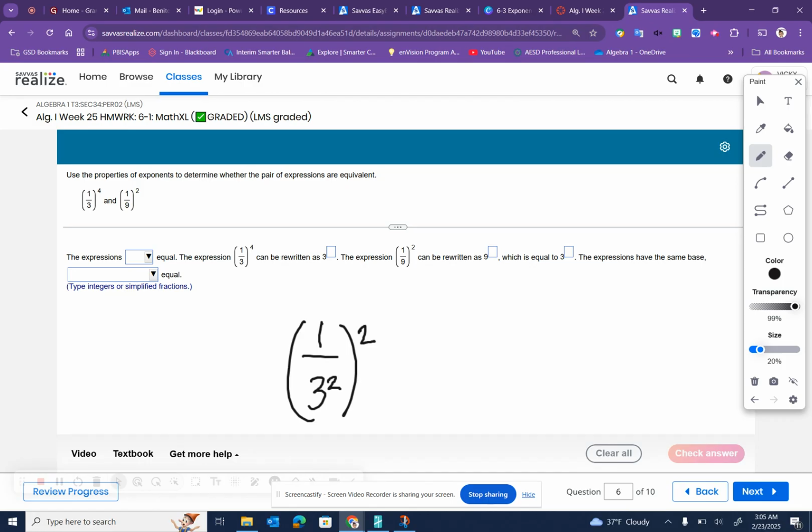If we look at these two, I'm not sure if they're still equivalent. I can rewrite this and simplify it and write it with a negative exponent.